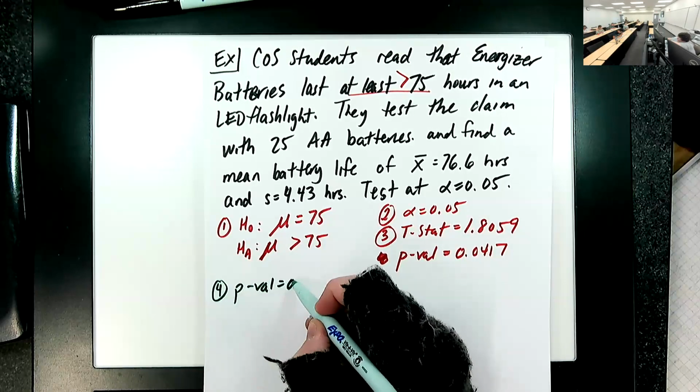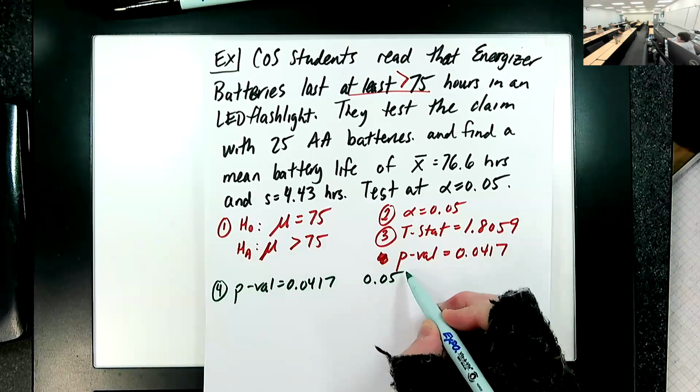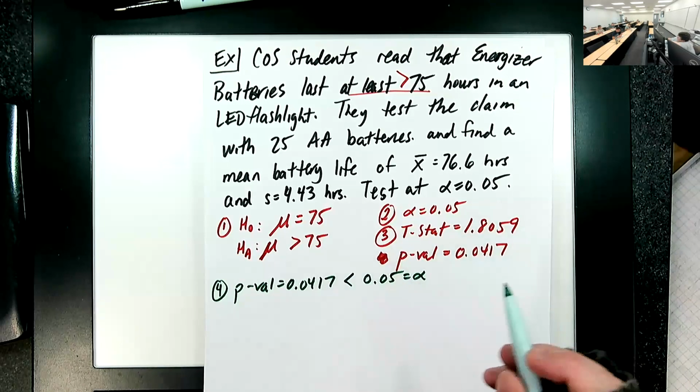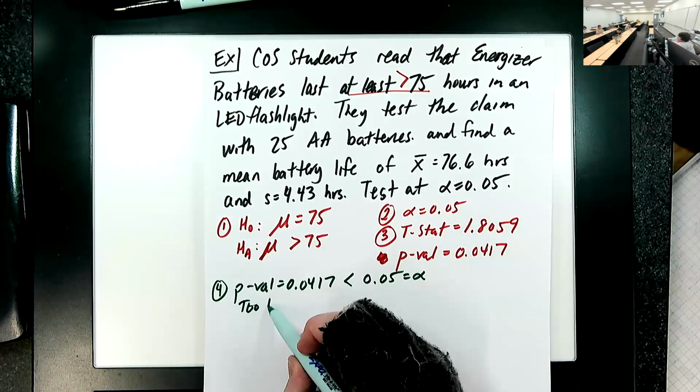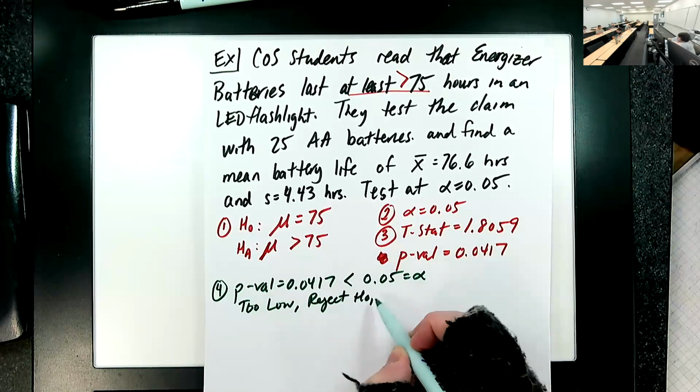P-value of 0.0417. How does that compare to my 0.05 alpha? Is it less than or greater than? Less than. It's less than. P-value is too low. Reject the H0. Support HA.